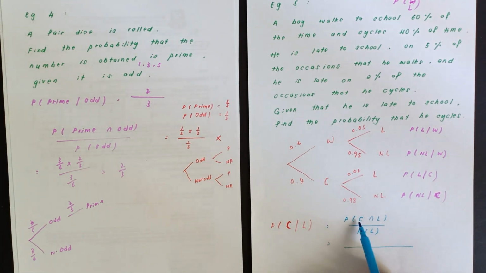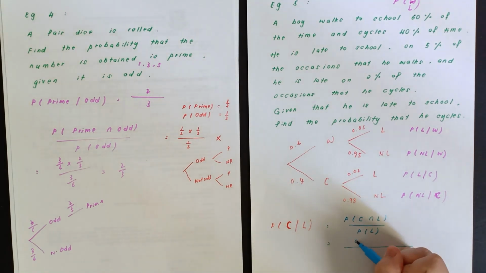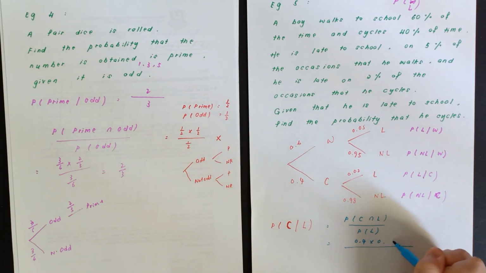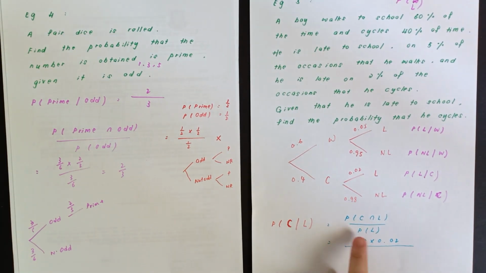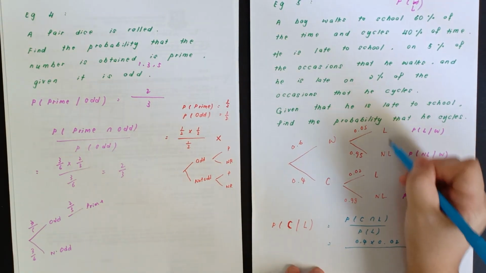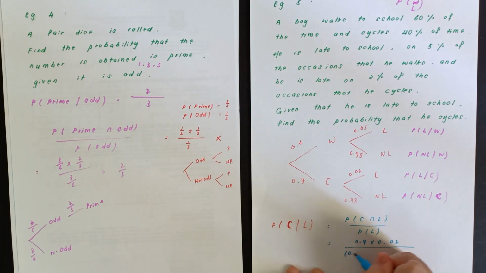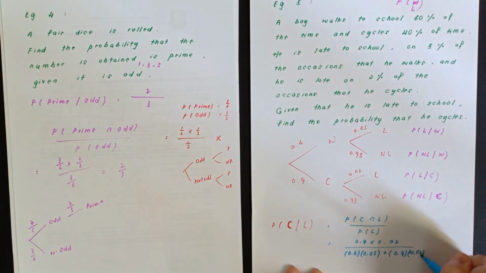So probability he cycled to school and he is late, so 0.4 times 0.02. Okay? Then when you want to find the probability that he is late, you will do the late and late. So 0.6 times 0.05 and then plus 0.4 times 0.02.